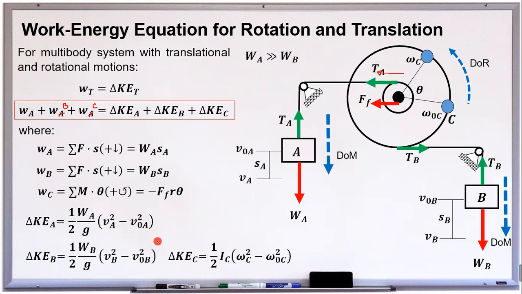So these are the formulas that you are going to substitute into your work energy equation in order to model the work and energy interactions that exist in this multi-body system.